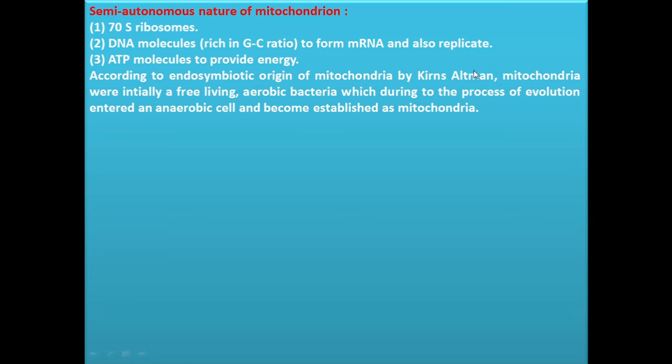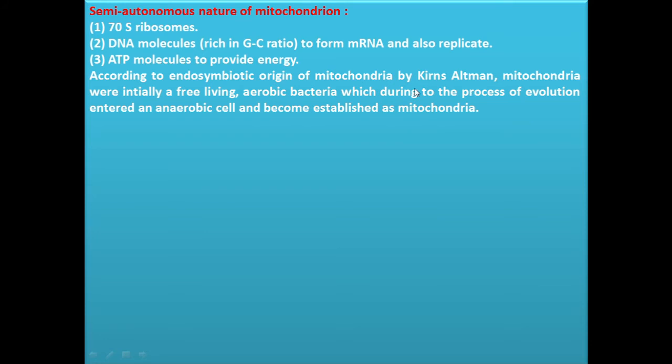Altman states that mitochondria was a free living aerobic bacteria in ancient time, and during the process of evolution it entered anaerobic cells and stabilized as mitochondria. So mitochondria was a free living aerobic bacteria which entered inside anaerobic cells and stabilized as mitochondria.